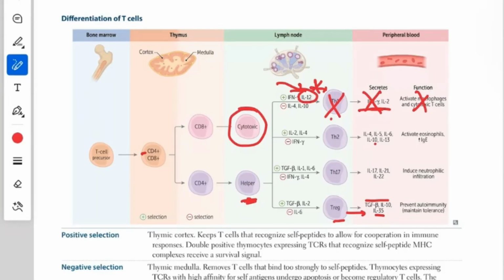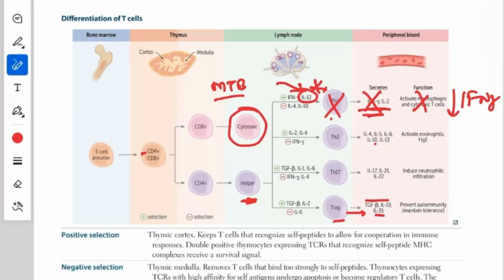So the question scenario will be that you have a person that is having recurrent mycobacterial infections. And then they did testing and they realized that the interferon gamma is low or absent in that patient.